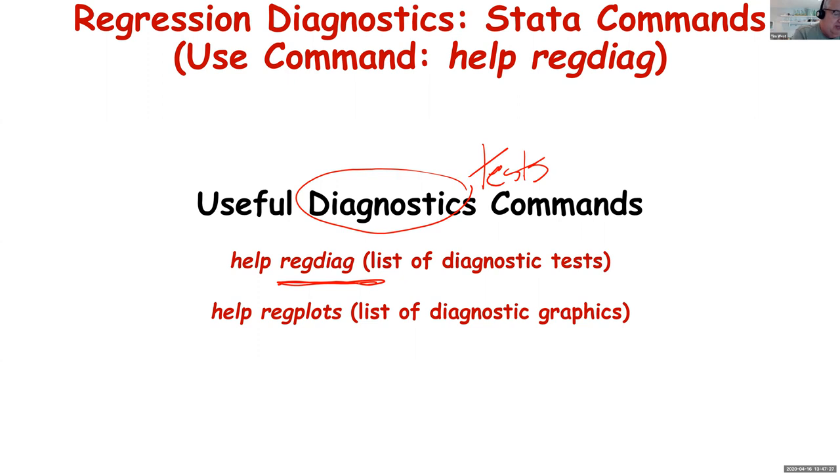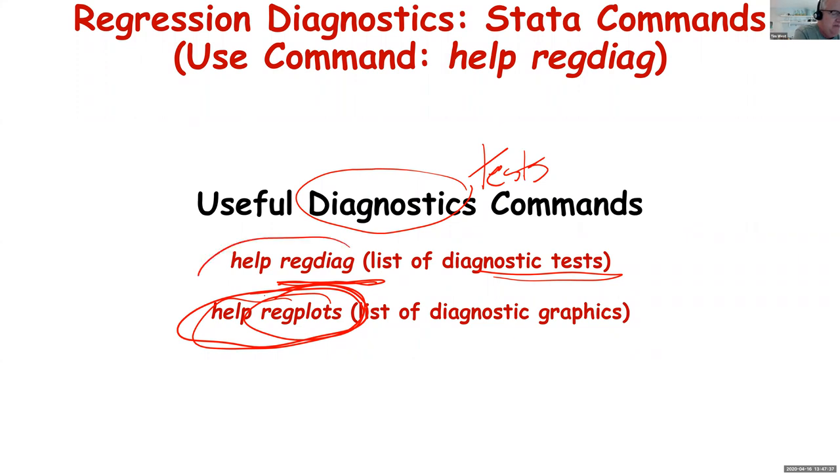That'll give you a list. If you want to see the visuals or graphics for it, all you need to use is help reg plots. This one's help reg diag, for diagnostic. So those things are available to you as information and support inside of Stata.